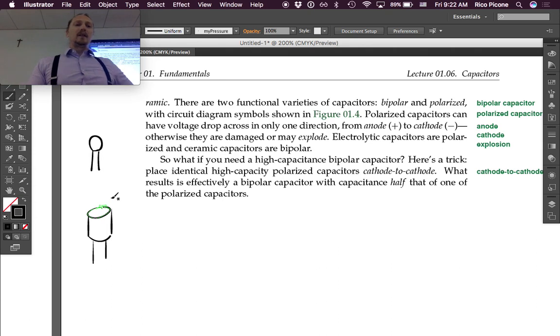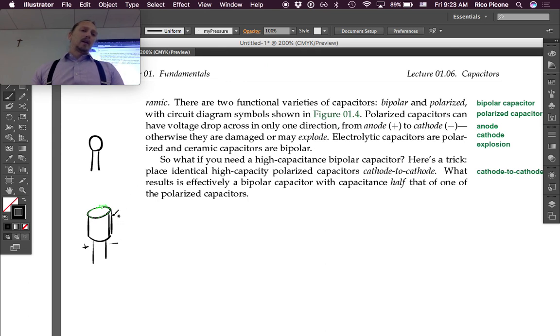Oh yeah, so for these, typically the cathode will have a stripe on the side, and it will have a shorter lead. So this is the minus side usually, and this is the plus side.